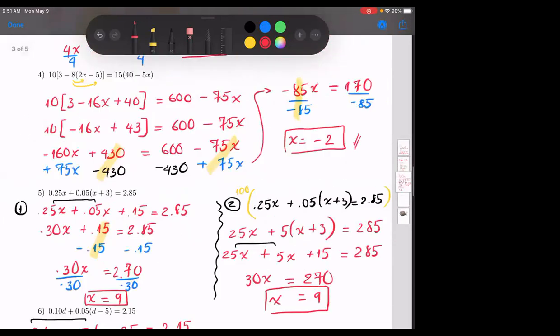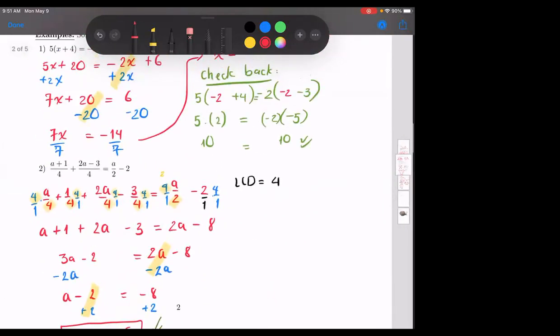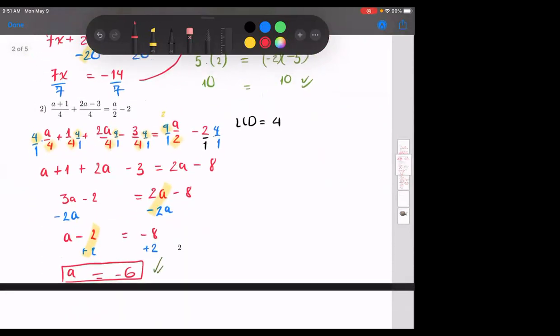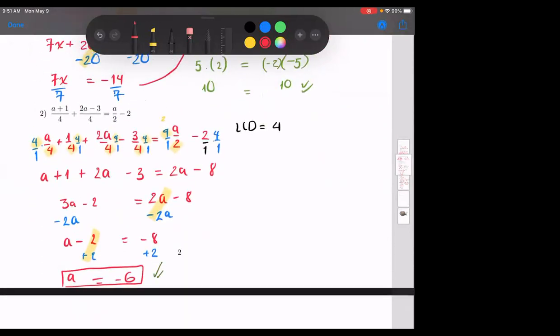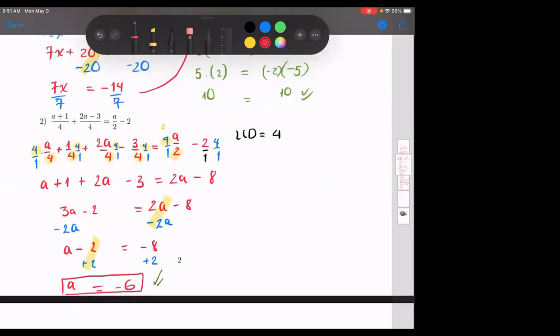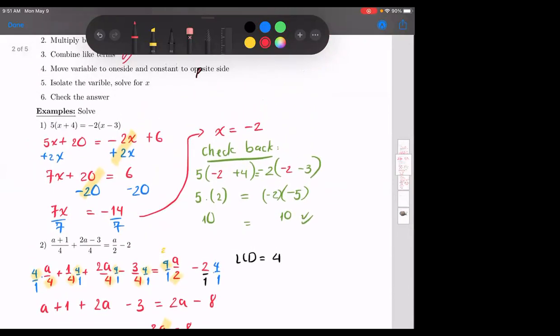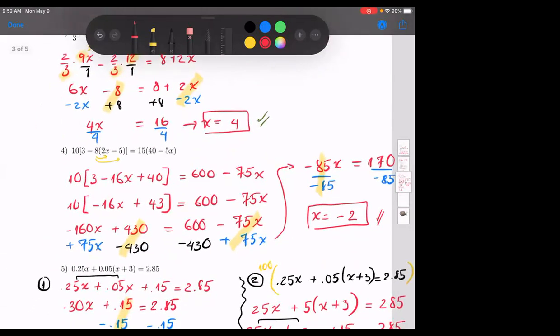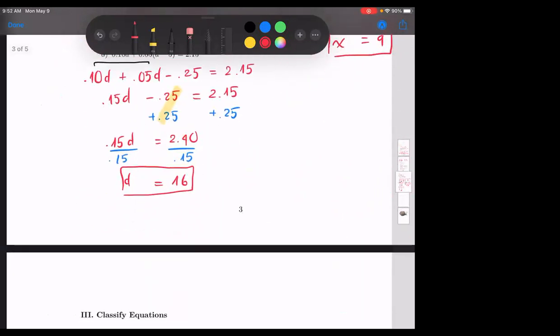Okay, so that's solving linear equations. So far, how many solutions do you see here? One, right? For example, problem 1, x has to be -2. The only solution that satisfies that equation is x equals -2 only, nothing else, right? And for the rest of the problems, it's the same thing.